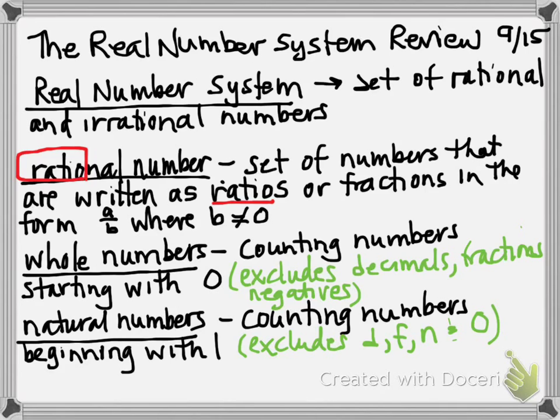Okay. The next word we had was integers. You guys doing okay? Integers are whole numbers and their opposites. So that means 0 is part of it.